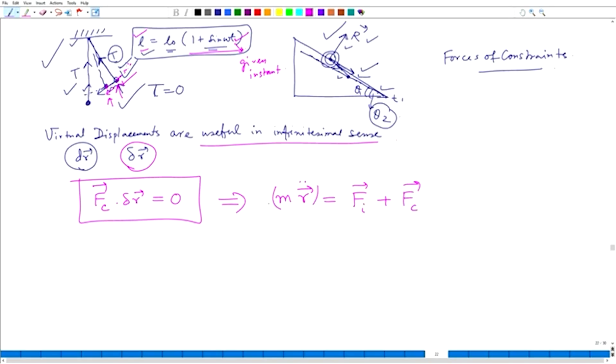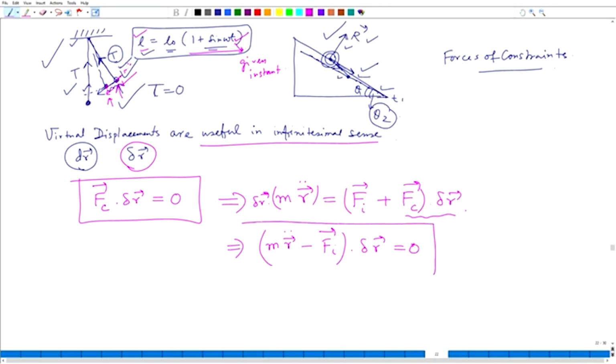Then if I do a contraction with delta r on both sides, this term will be equal to 0, and that is why you will have m r double dot minus Fi, dot delta r, is equal to 0.